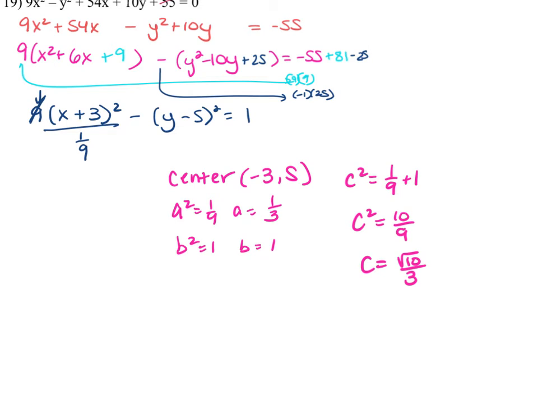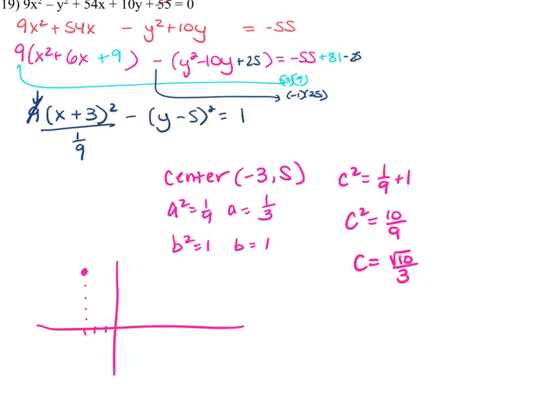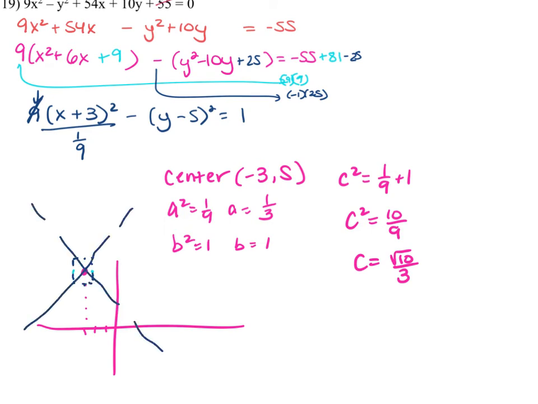And then I would just graph it. So you will have a whole number there. It would be negative 3, 1, 2, 3, 4, 5. This was horizontal, so I go right and left 1/3, and I go up and down 1. Make the box. Draw the asymptotes, and then branches.